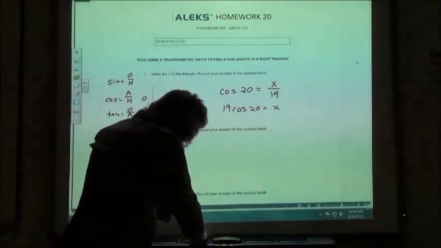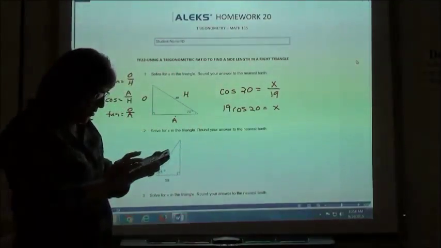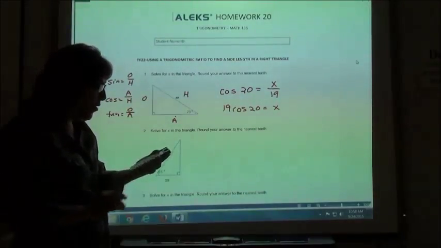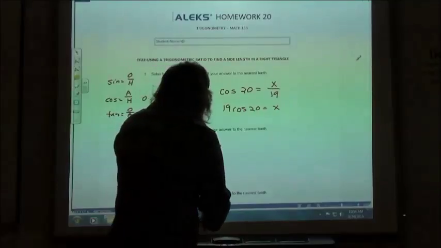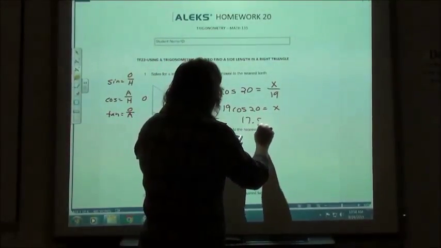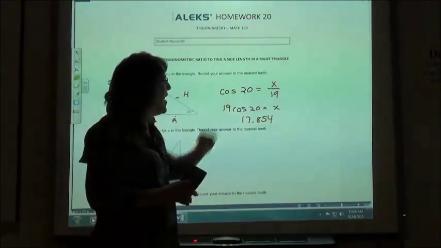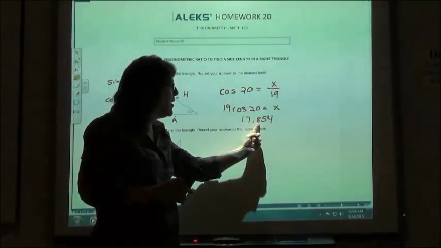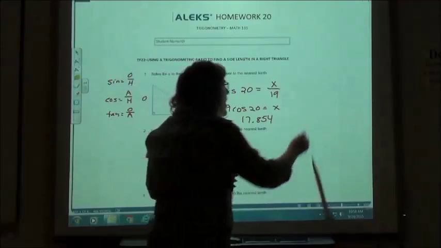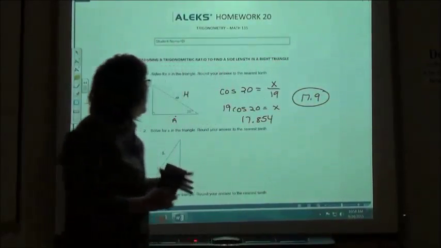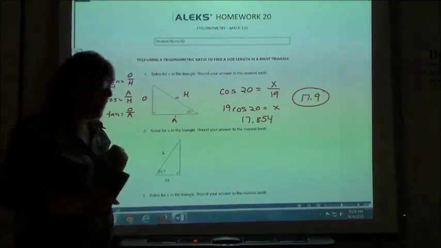And so, all we're going to do is punch it into our calculator. 19 cosine of 20 equals, and I'm getting on my calculator 17.854. I want to round my answer to the nearest tenth, so this one I'm going to end up rounding up. And so 17.9 is going to be what the length of this side over here ends up being.